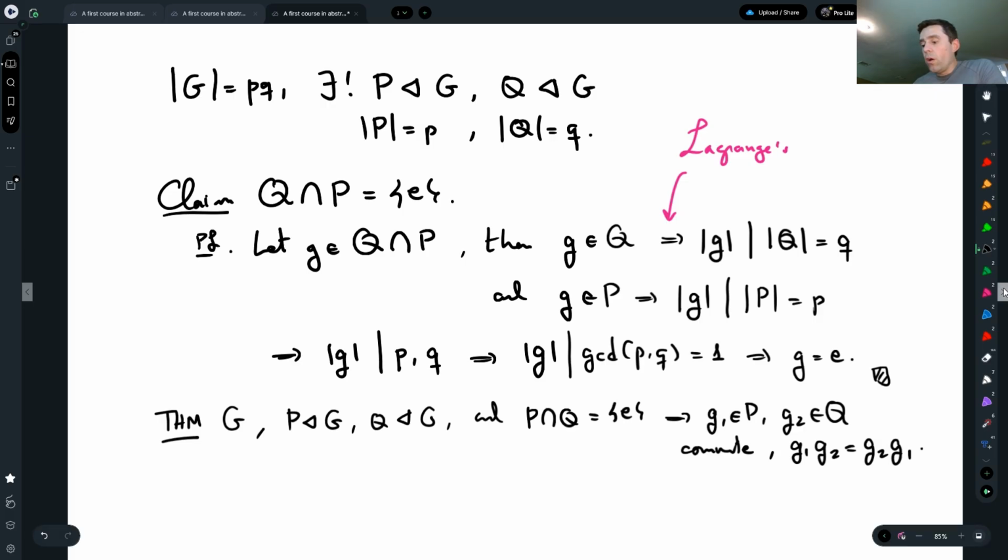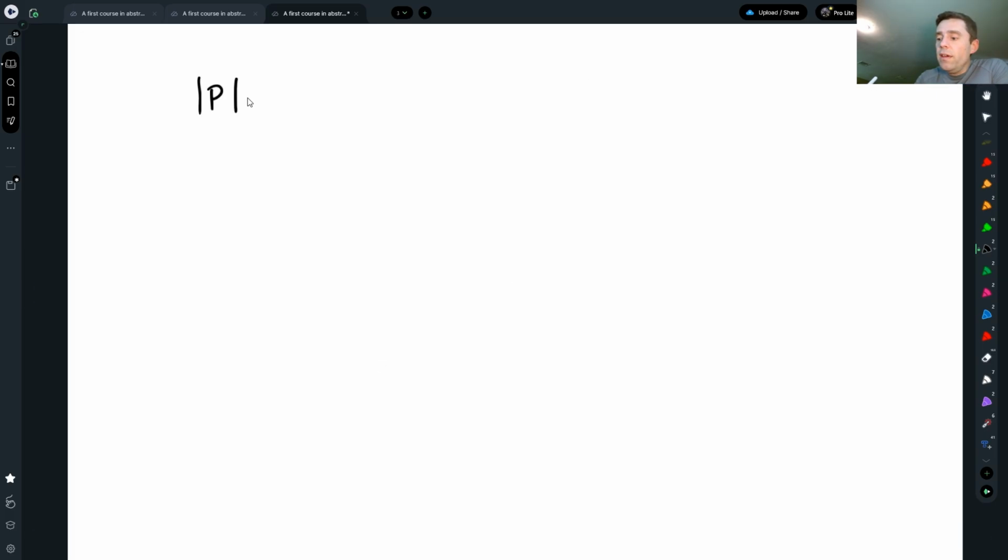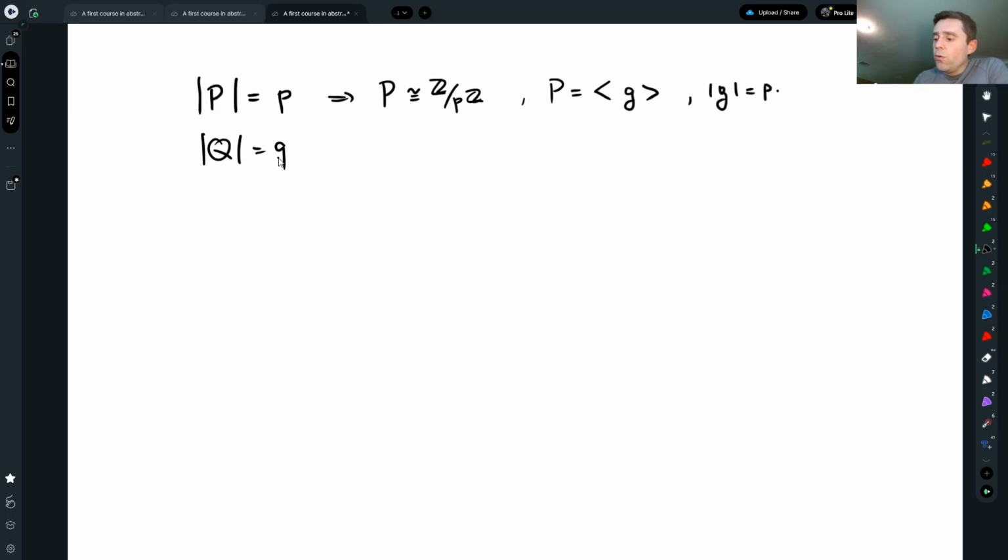And how am I going to use that? Since P is of size p, and that is prime, P itself has to be isomorphic to Z modulo p, so it is generated by one single element. Let's call it g, with g of order p. And since Q is of size q, I have an element that generates Q, let's call it h, with order exactly q.